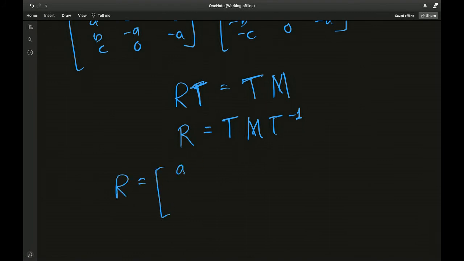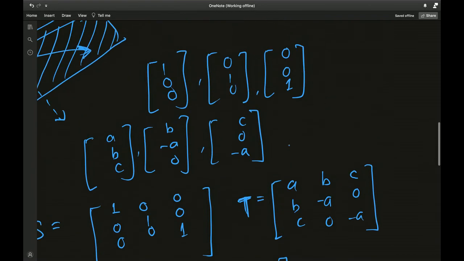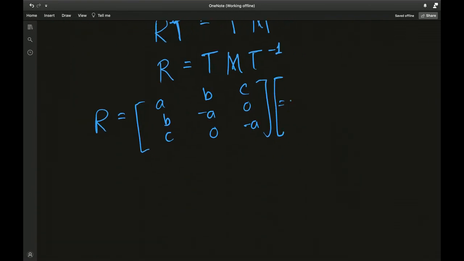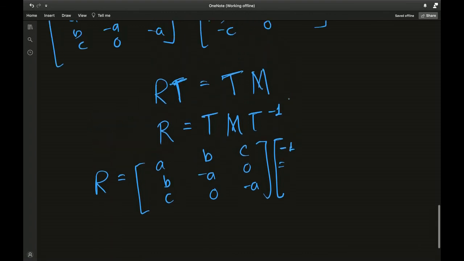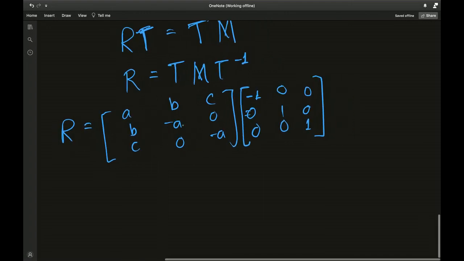T is A, B, C, B, negative A 0, C 0, negative A, times the M. What's M? Well, just this weird thing that almost looks like an identity matrix, but it's not because we have a negative one there. Multiplied with the inverse of this.